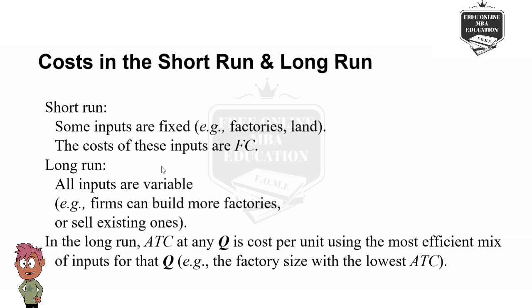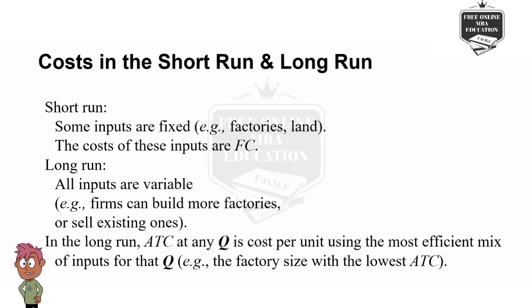Now, when we take the short run, we say some of the inputs can be broken up as fixed, the other can be broken up into variable. When some inputs are fixed, we categorize them as factories, land, any area of operation that you have. These are going to be fixed. So if you have to start your business within that setup, in the short run, you will not plan on expanding your land or your factory size.